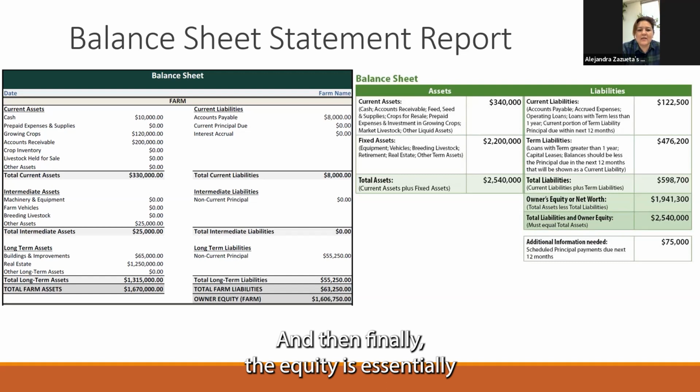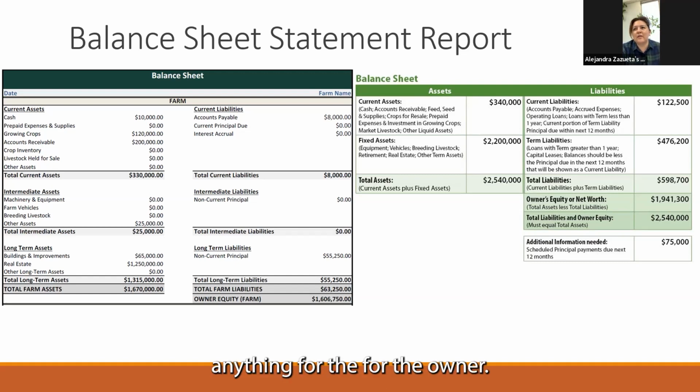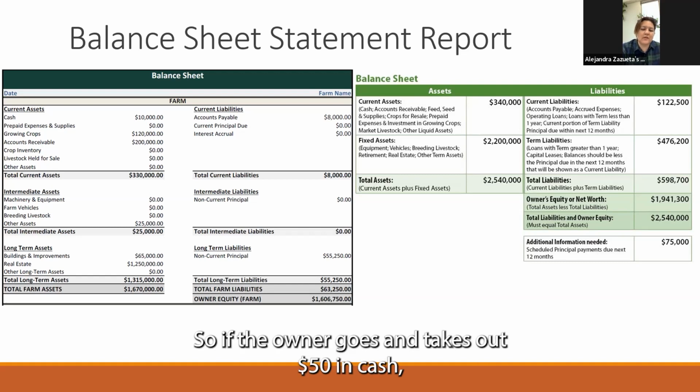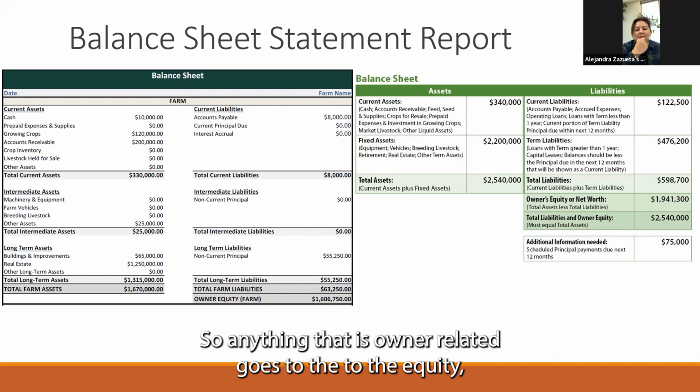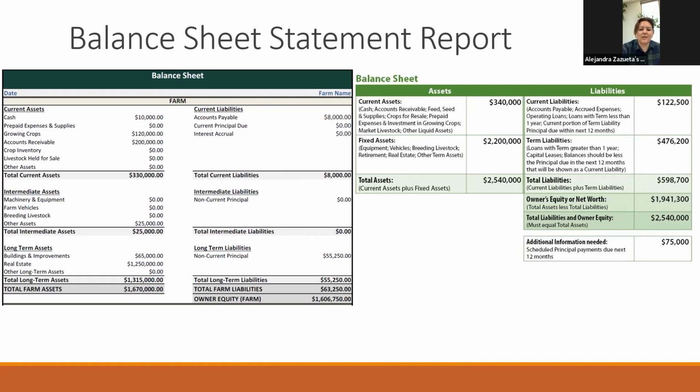And then finally, the equity is essentially anything for the owner. So if the owner goes and takes out $50 in cash, then you take it out of cash and you put it in the equity because the owner took it. So anything that is owner related goes to the equity, including expenses.